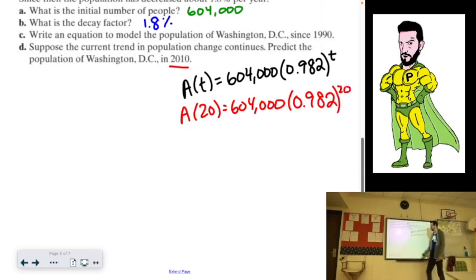Now we're talking the population of people, so we'll just round this to the nearest whole. 604,000 times 0.982 to the 20th power. I got 420,000 and approximately 17 people.